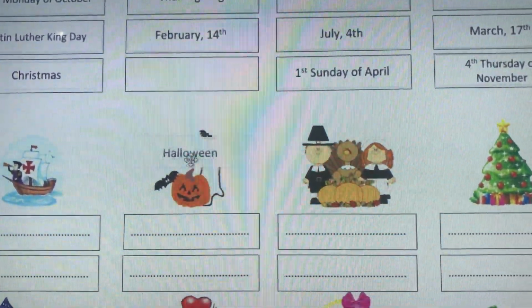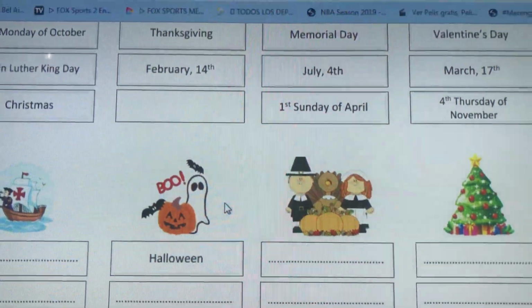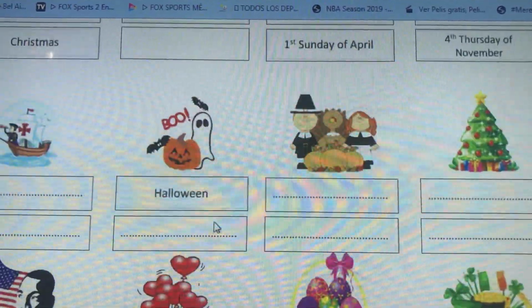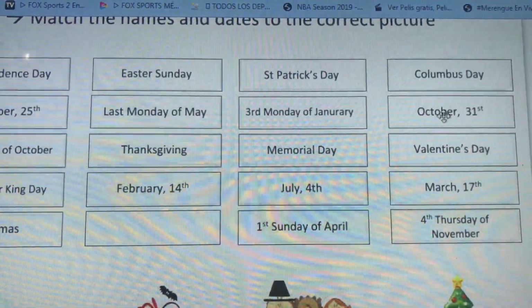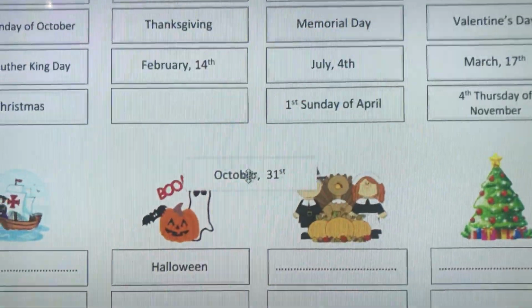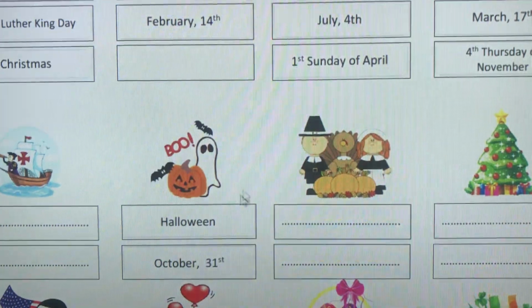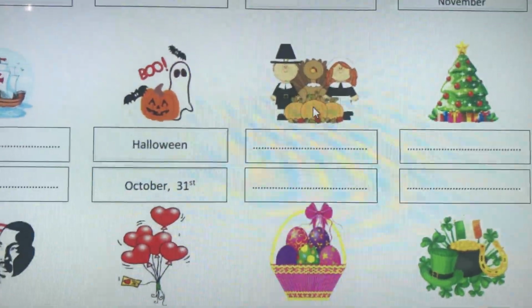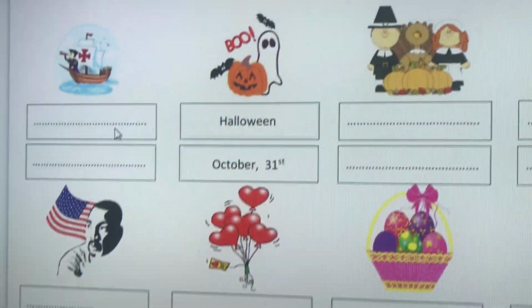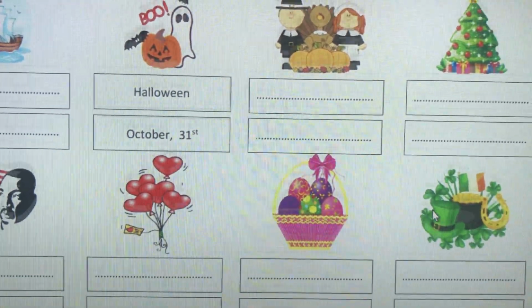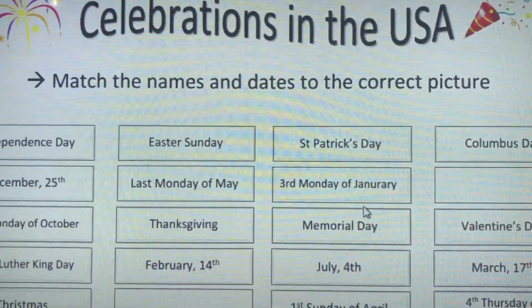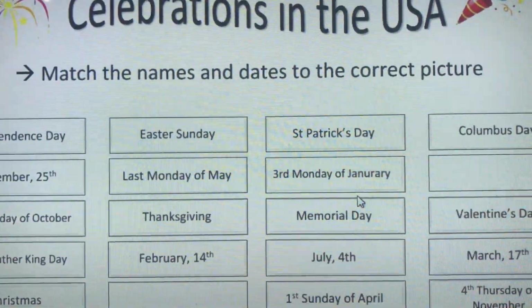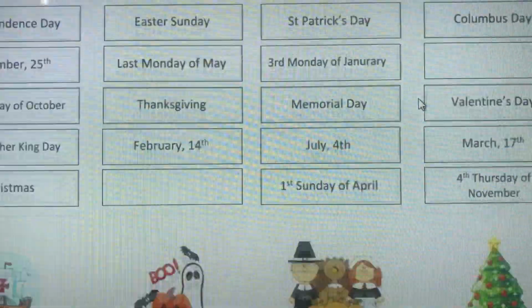So I'm gonna put Halloween over here, and then I'm gonna put the date it happened. Down here is gonna be the date. That date is gonna be October 31st. So I'm gonna put it here and there. Then I have Halloween. So for the next ones, you have to find the other ones by looking at the pictures. If you need help, you can Google these words and they give you the date. Or you can ask me, just in case, all right?